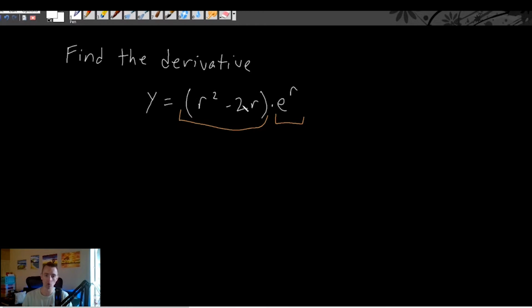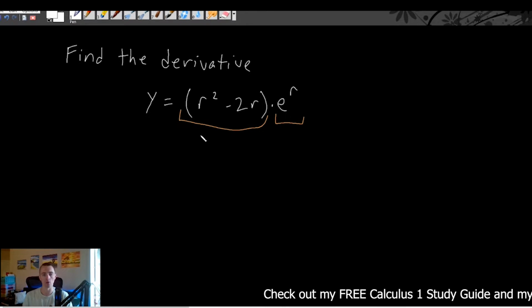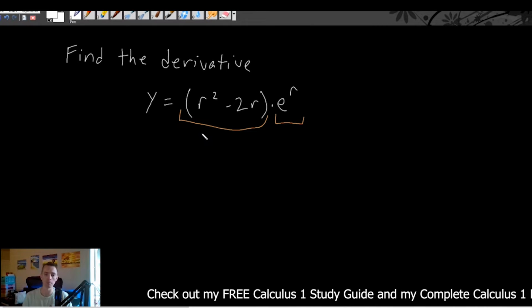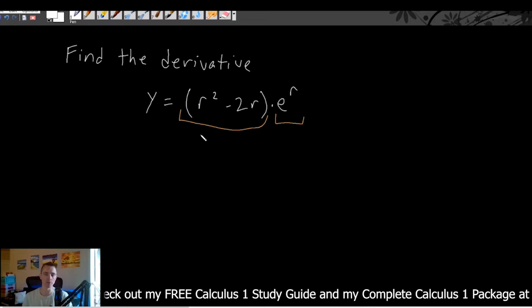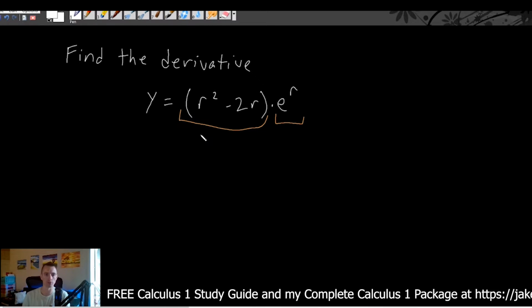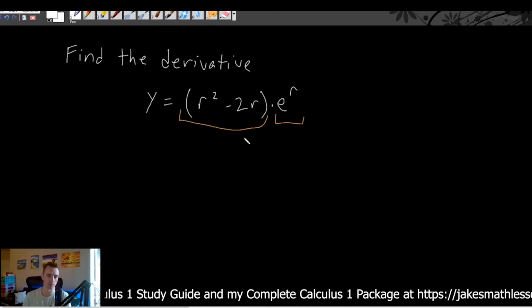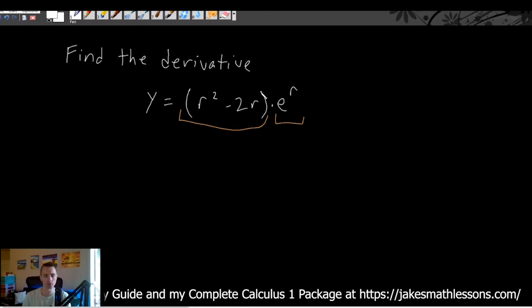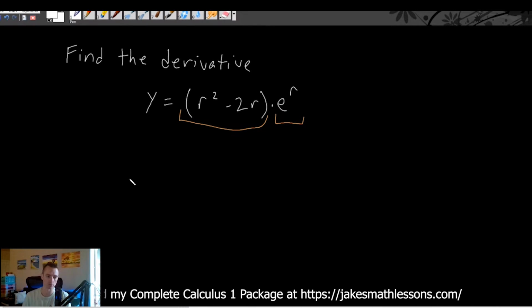But since this whole thing right here is all in parentheses being multiplied by something else, we want to think of this whole parentheses as one of the parts of the product. As a result, we can use the product rule to find the derivative of this function. There are other ways we could find the derivative, but I really want to go over the product rule here. So this is going to be the method we're going to apply. We can just leave it in this form in order to apply the product rule.